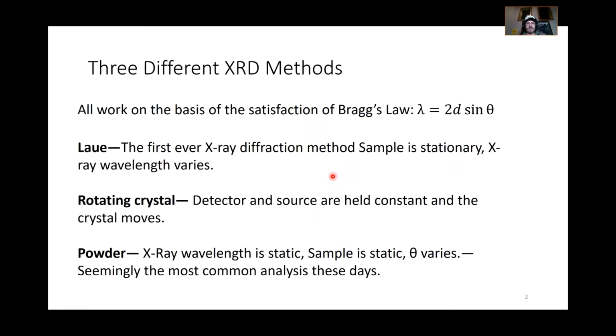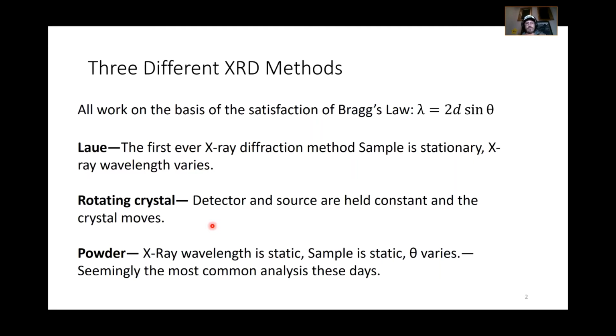Rotating crystal: the detector and the source are held constant and the crystal moves. And in powder X-ray diffraction, the X-ray wavelength is static and the sample is kind of static. It depends on the method. There are 2 different geometries used on your diffractometer setups.